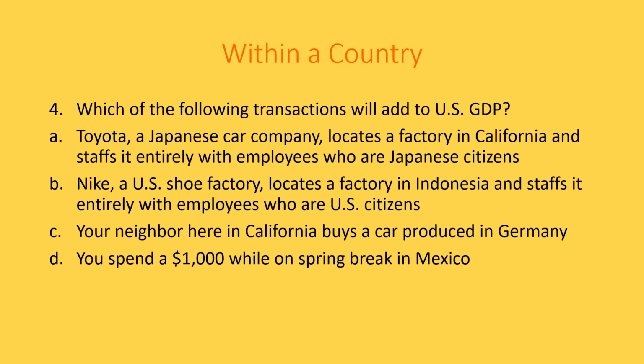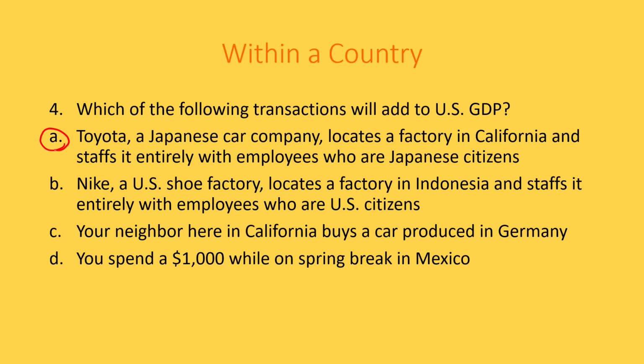Just because the owners and employees are Japanese doesn't mean that this won't add to GDP. It's happening in California, which is a U.S. state. Therefore, it is definitely happening within the geographic borders of the United States, meaning that it will add to GDP. However, if it's staffed entirely by Japanese citizens, then it might not necessarily add to U.S. GNP, something we'll talk about a little bit later.